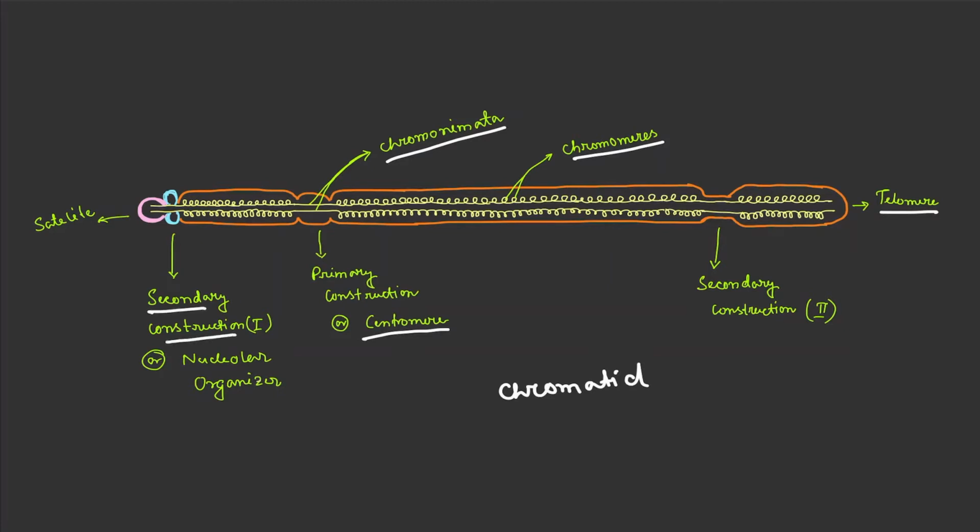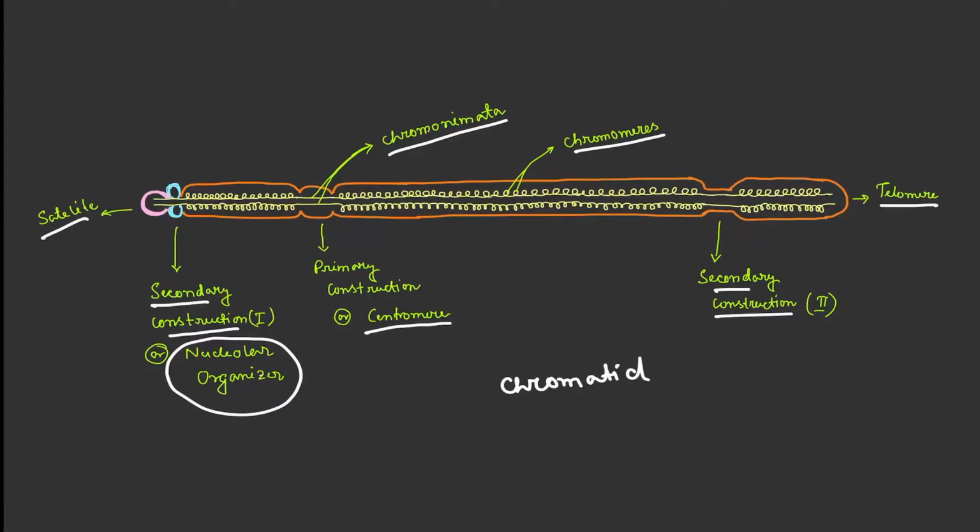A chromosome may have one or two secondary constrictions. One of the constrictions is also known as the nuclear organizer region. This region is responsible for the generation of the nucleolus inside the nucleus.